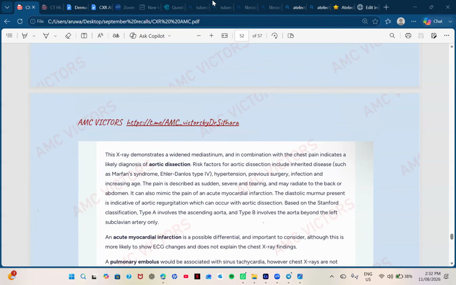That radiates to the back. If you hear these things, think about aortic dissection. Very important. These are like keywords. Sudden onset, severe chest pain that radiates to the back, right? Very important. And other than that, cardiomegaly can be seen, right?